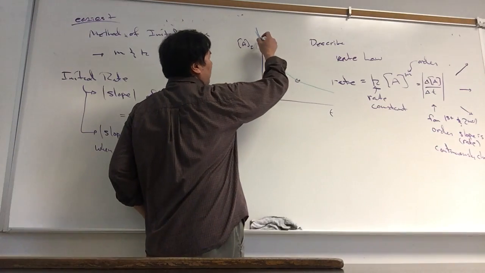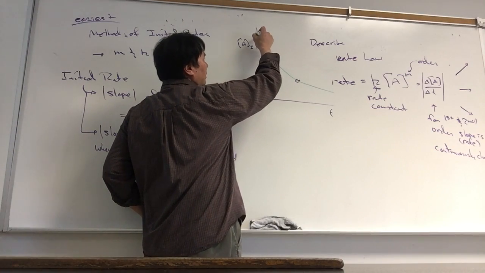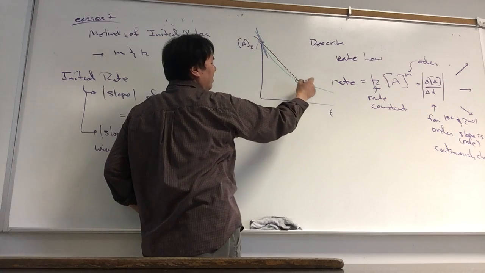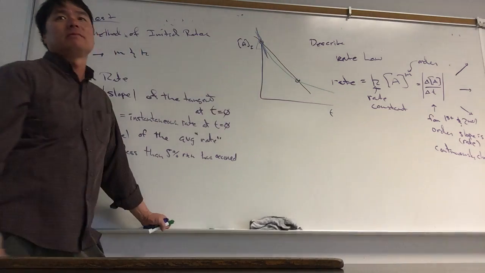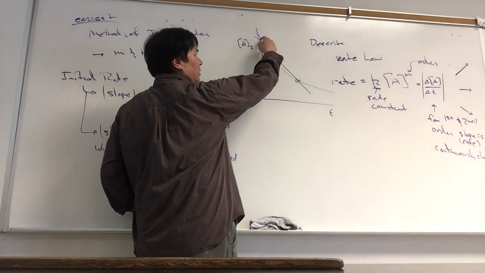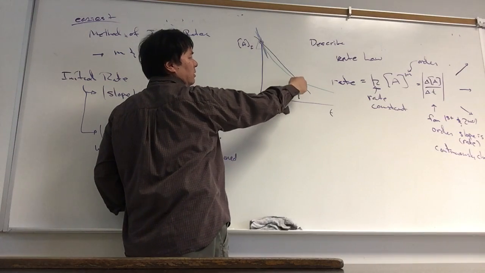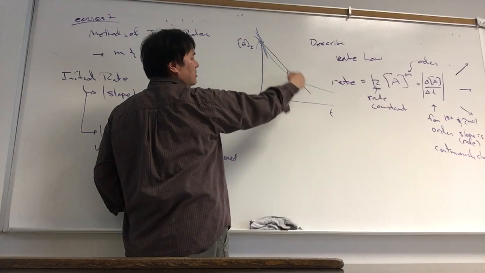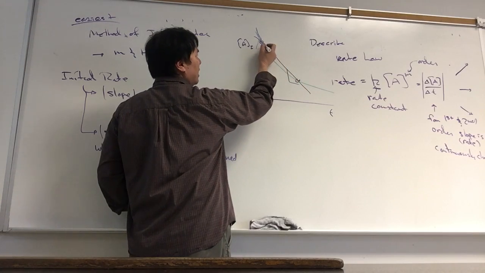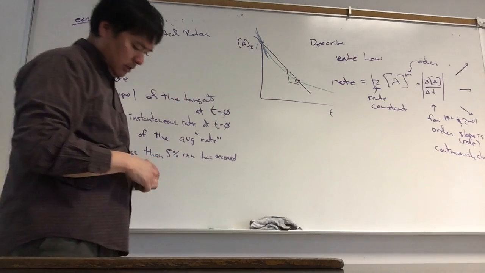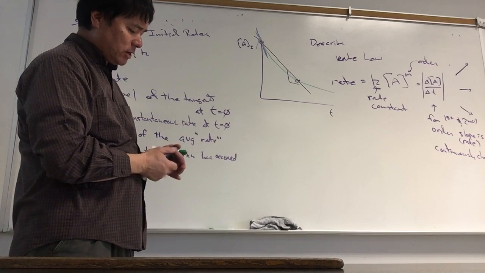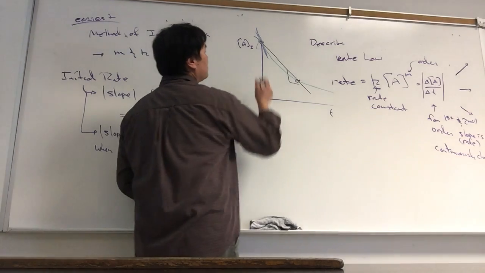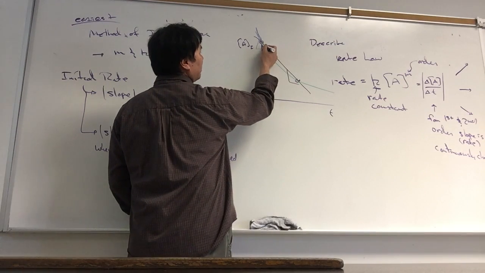But take a look at the blue line and the black line. Are those two slopes the same? No, because when you have a significant amount of reaction, this is the average rate between this time and this time. That would be the slope here. But if I can tighten it up, and that is, if I have less than 5% reaction, then less than 5% reaction is just right here at the beginning.